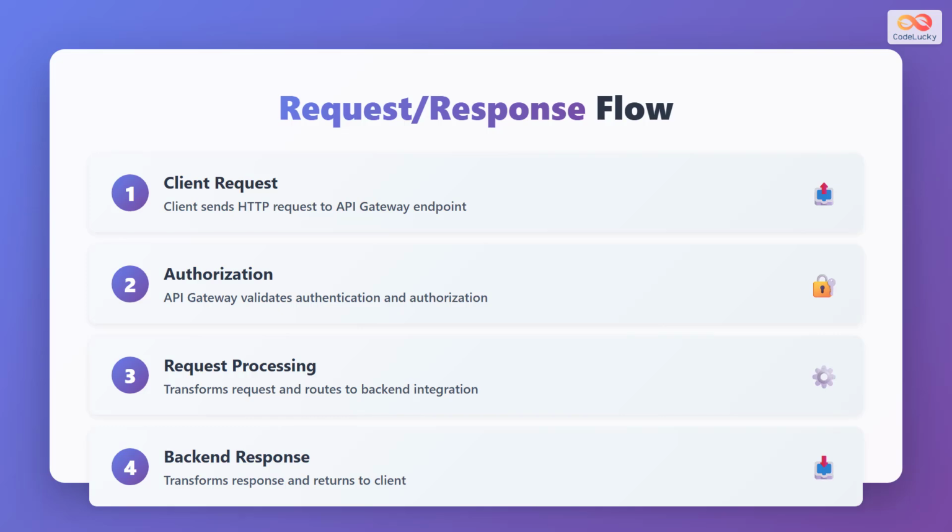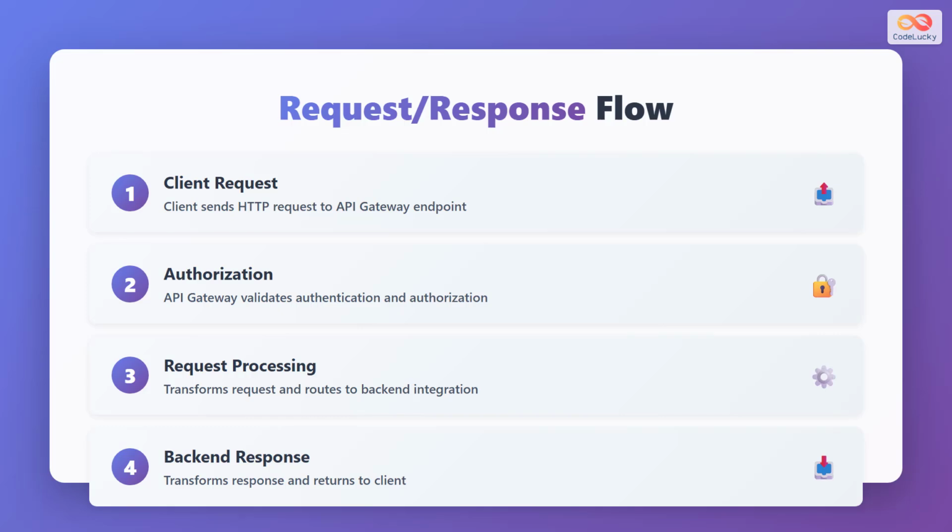Let's walk through the complete request response flow in API Gateway. First, the client sends an HTTP request to the API Gateway endpoint. Second, API Gateway validates the authentication and authorization credentials to ensure the request is legitimate and has proper permissions. Third, during request processing, API Gateway transforms the request data if needed and routes it to the configured backend integration.